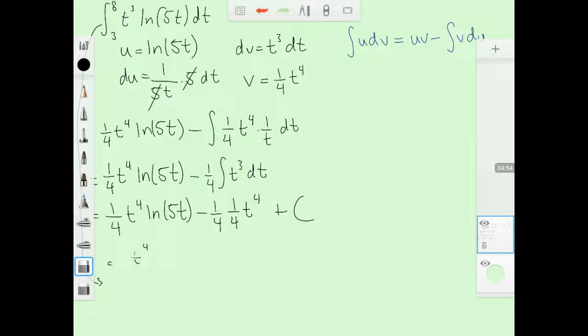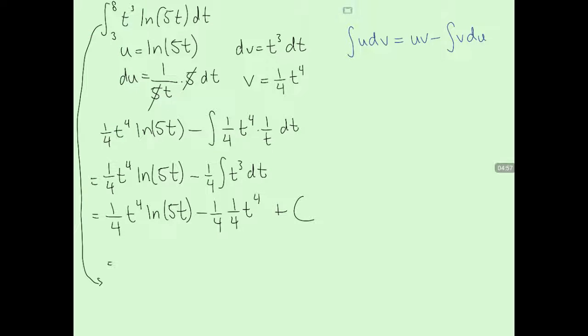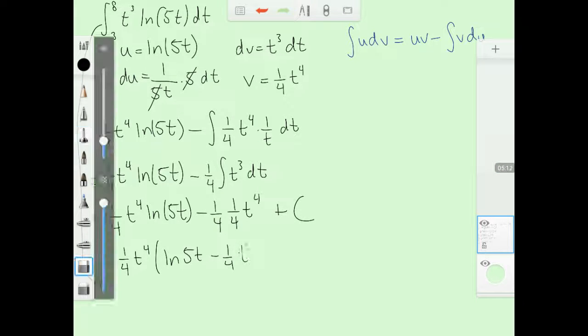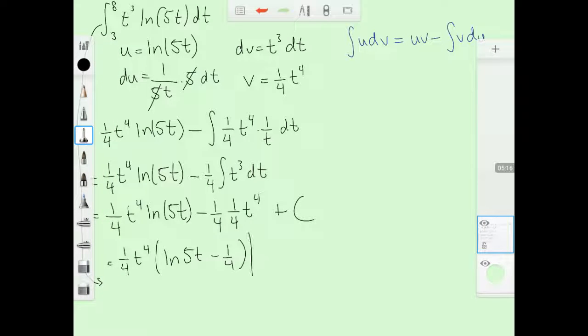So we can just rewrite this as 1 over 4 t to the fourth ln of 5t minus 1 over 4. There's no longer a t to the fourth there because we distributed it. And we evaluate this at 8 and 3.